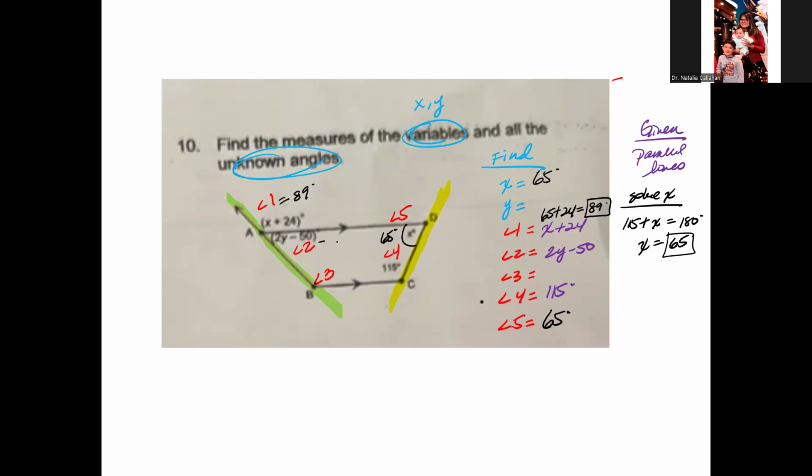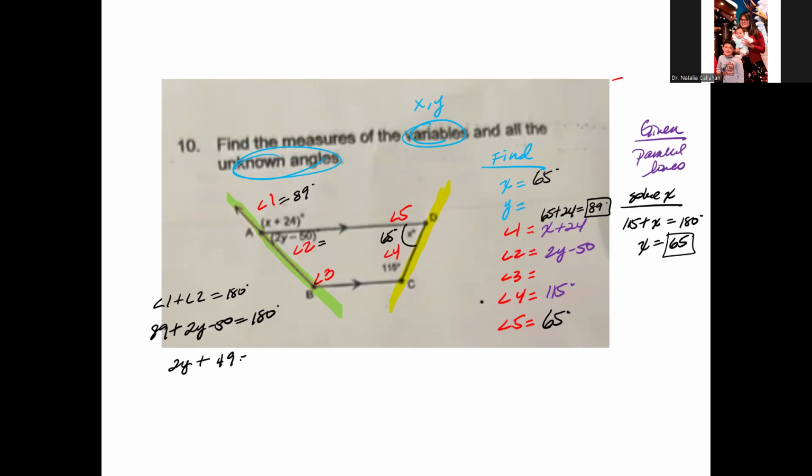So that would be 2y minus 50 plus 89 with 180. You got it. Yep. So actually what we can do is say angle 1 plus angle 2 equals 180 degrees. So 89 plus 2y minus 50 equals 180.